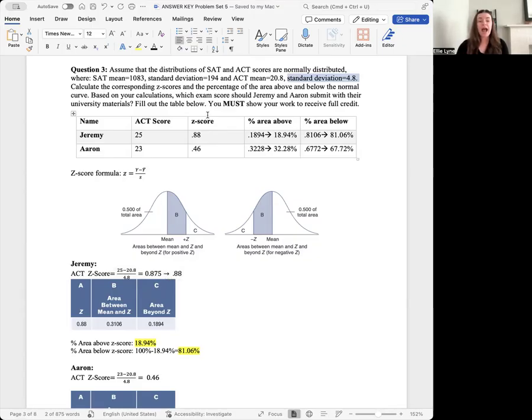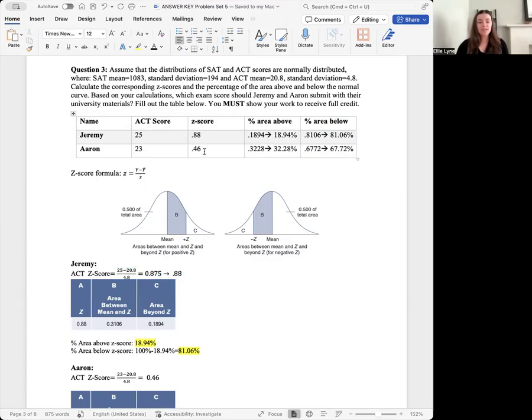Because of that, I will always be rounding my final z-scores to the hundredths place when I am calculating percentage areas above or below a z-score, so that I can accurately and effectively use this table. Because this score has a thousandths place of 5, I need to round up to 0.88. So Jeremy's z-score is 0.88.